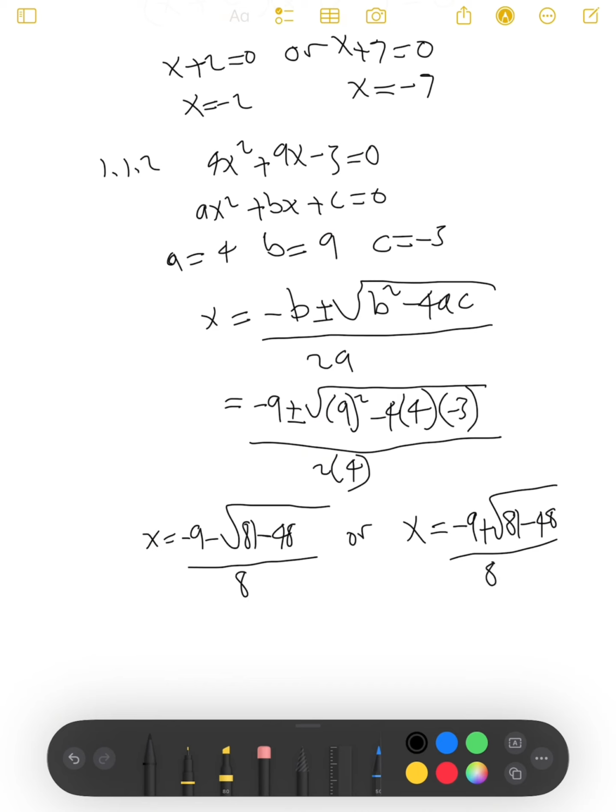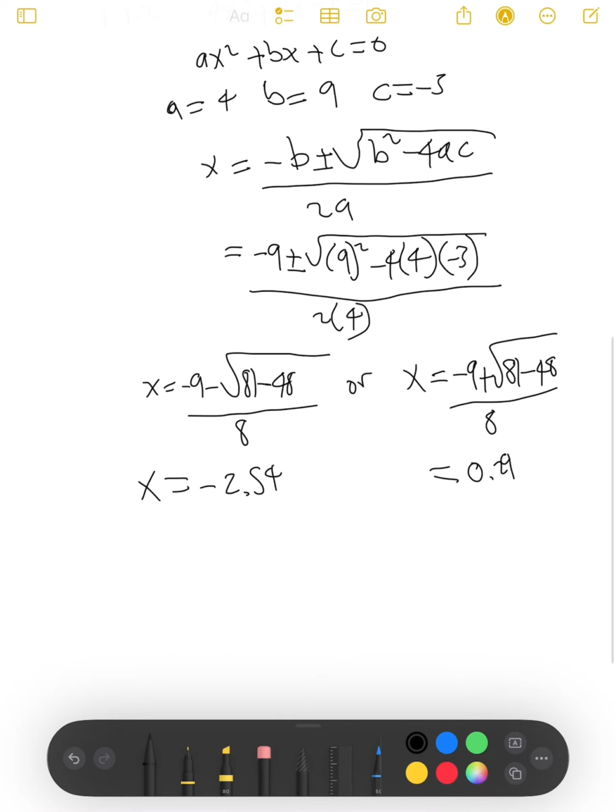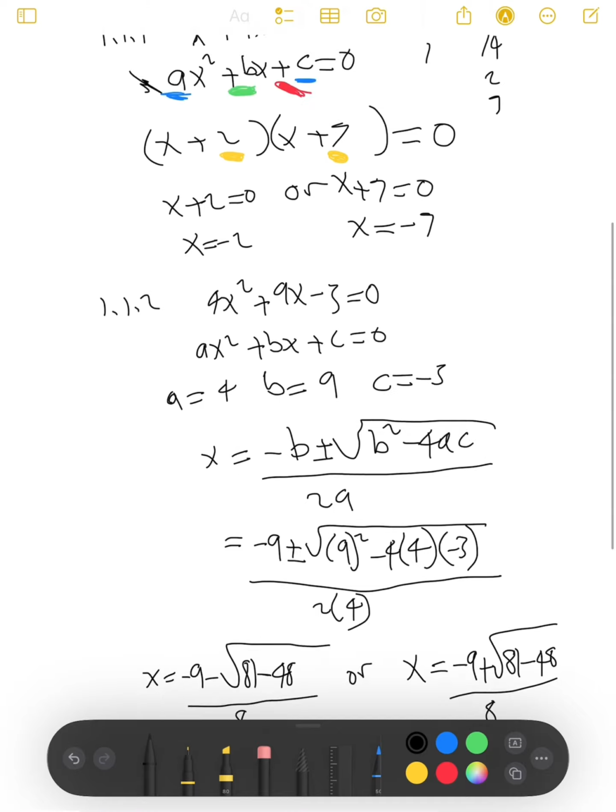Therefore let's substitute. Our x becomes -2.54, or our x becomes 0.29. And from that we are done with 1.1.2.